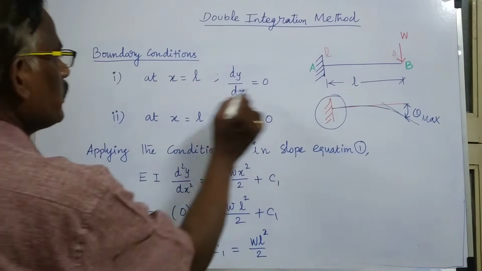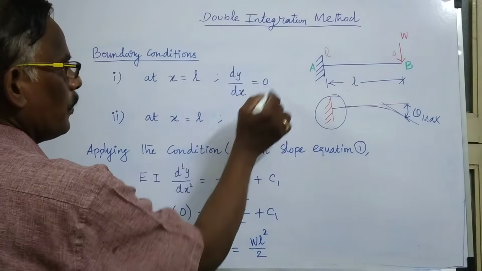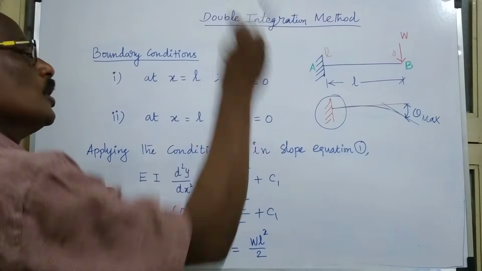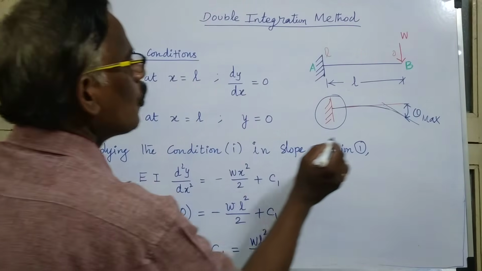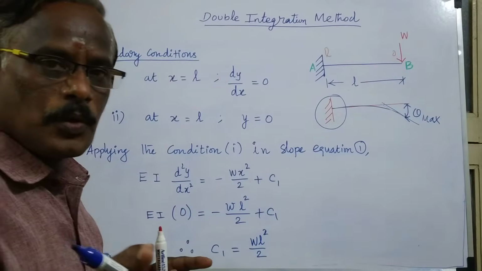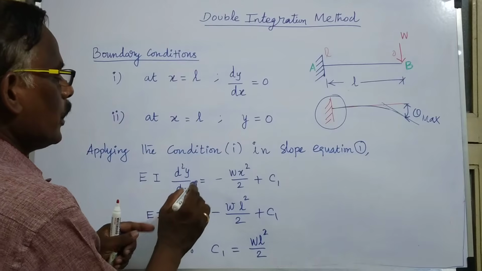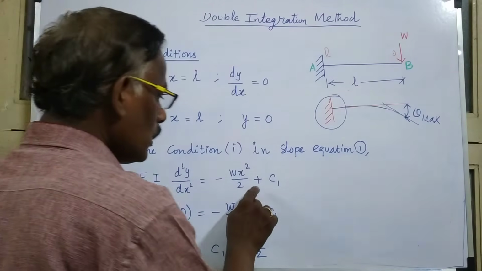Now applying the first boundary condition in the slope equation, that is dy by dx is equal to 0. So we put this value in the slope equation, right? What is our slope equation? Already we know EI into dy by dx is equal to minus wx squared by 2 plus c1.